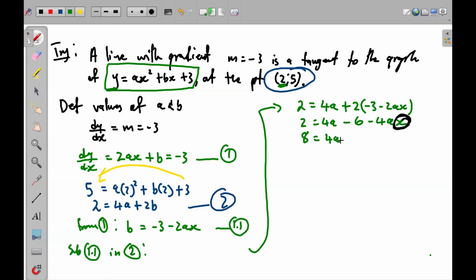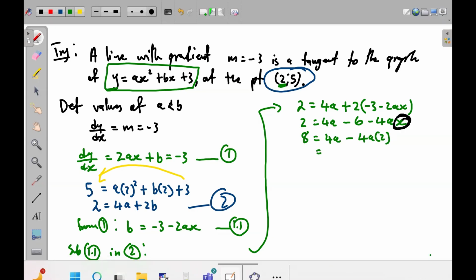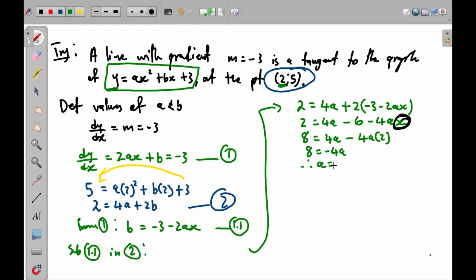So 4a minus, please take note that I'm substituting x equals 2 there because that is the point of tangency. We all know this by now. So I'm going to have minus 8a. 4 minus 8 is -4. So now this means a is -2.